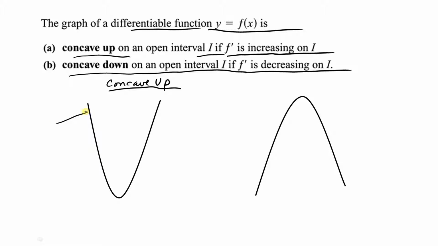Notice that at this point, f prime is negative. However, further down, where f prime is still negative, f prime is less negative.